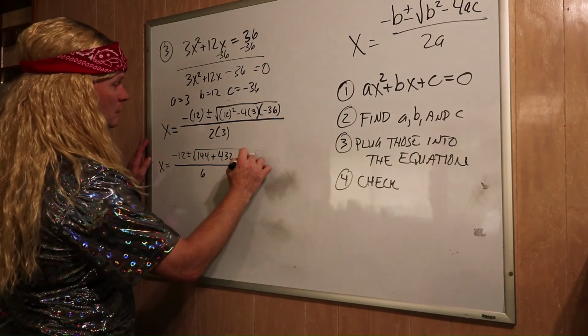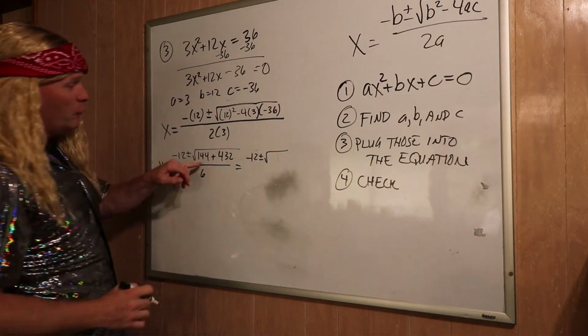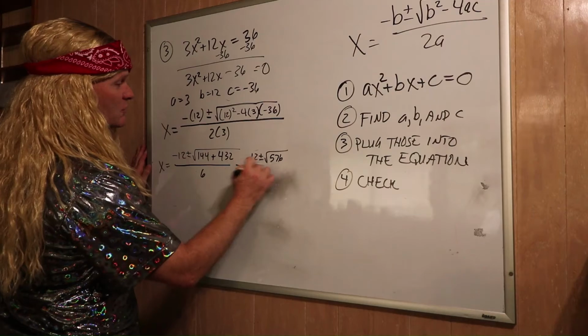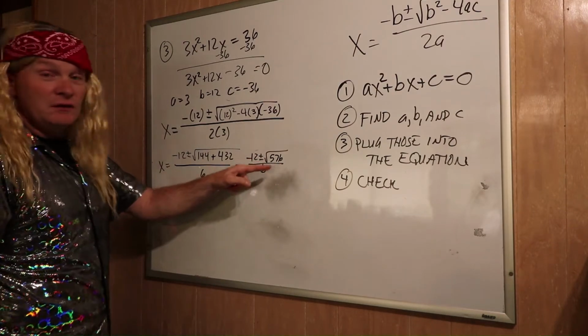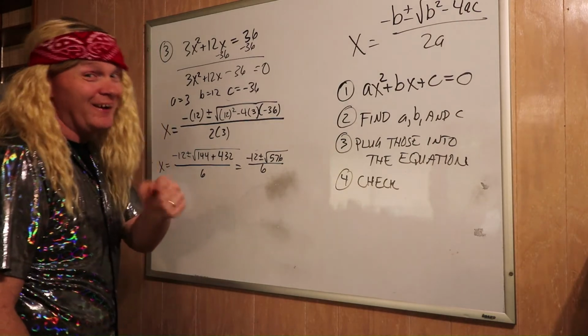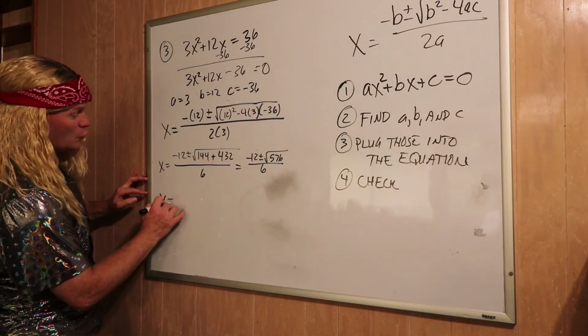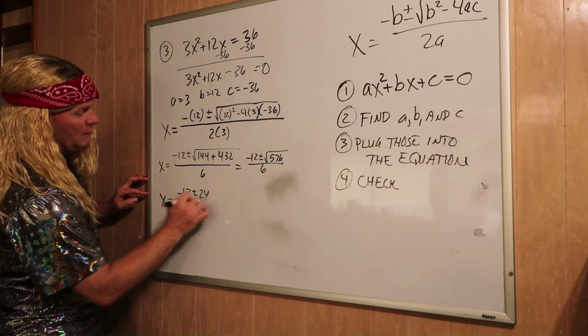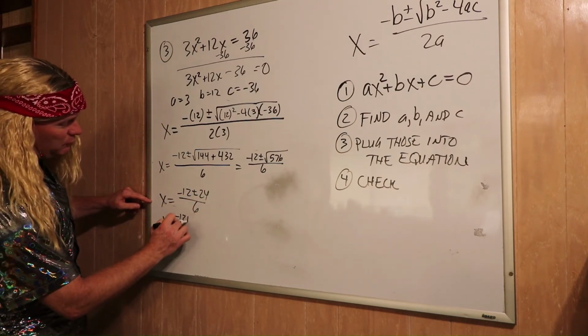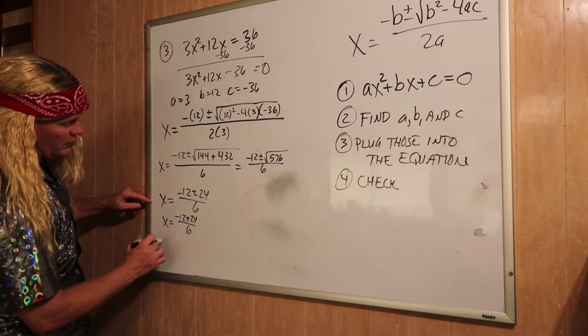Okay, let's see. 144 plus 432 is 576. You guys know the square root of 576? No? I do. 24. So one of our solutions is going to be negative 12 plus 24 over 6.